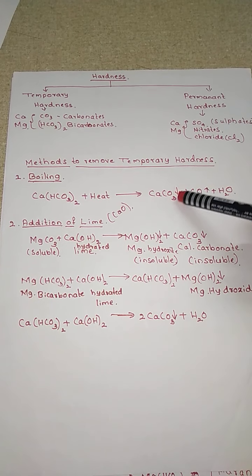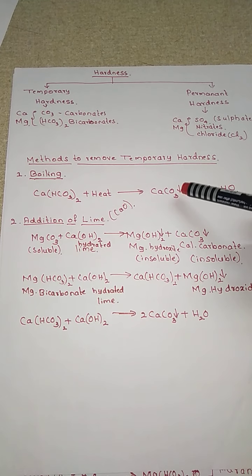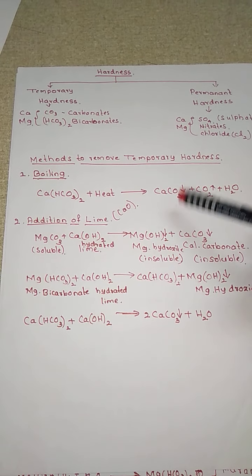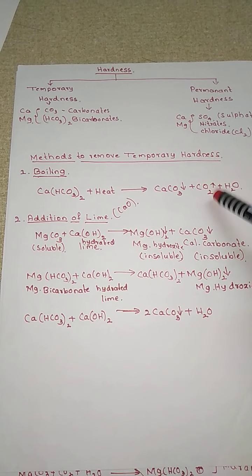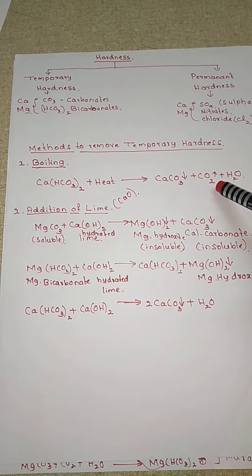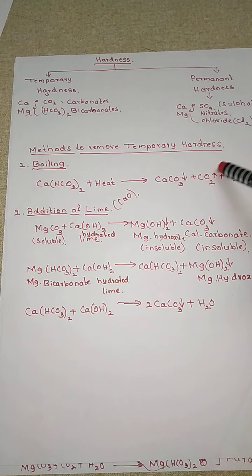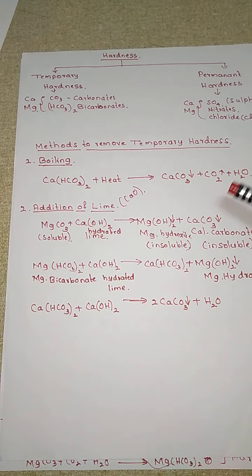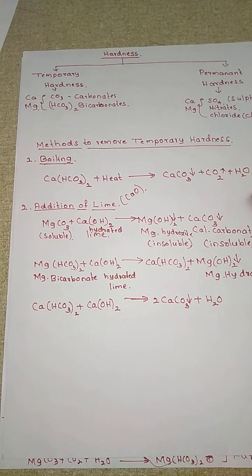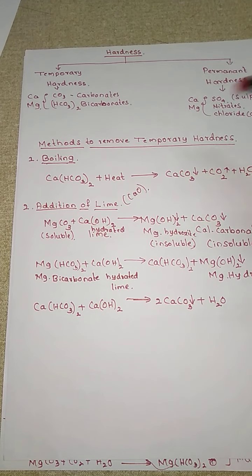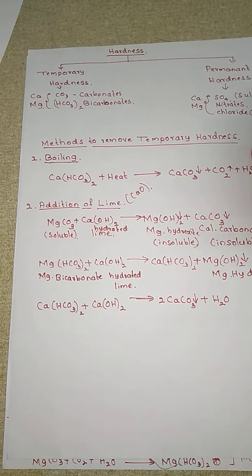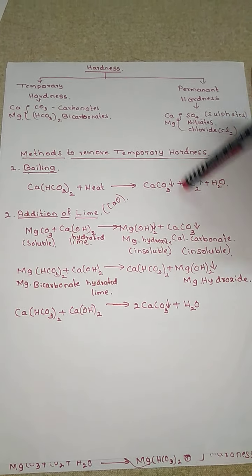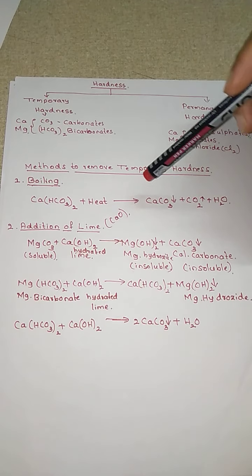The down arrow mark shows that it is precipitated, that it settles down at the bottom. Then we get CO2, carbon dioxide, which evaporates. Then we get H2O. So we get water as well as CaCO3. This CaCO3 we can remove by the sedimentation process.